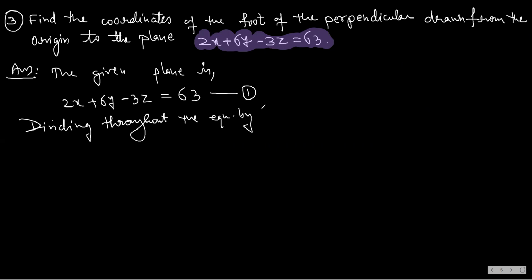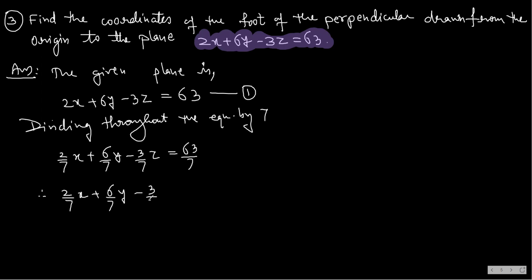When I do this, I get 2 upon 7 x plus 6 upon 7 y minus 3 upon 7 z equals 63 upon 7. Therefore, 2 upon 7 x plus 6 upon 7 y minus 3 upon 7 z equals 9.